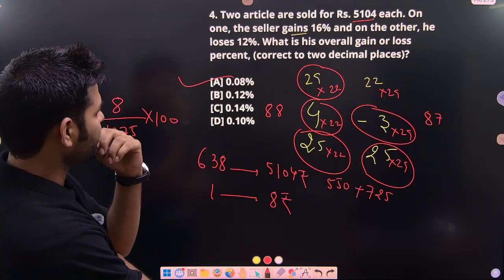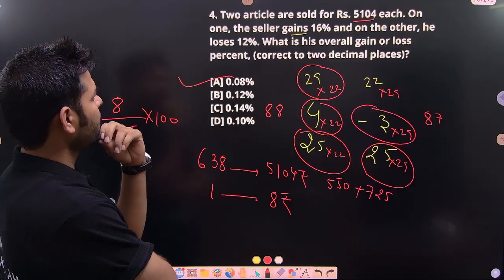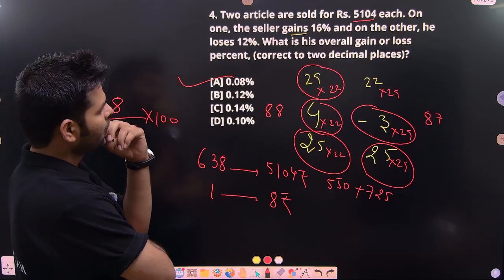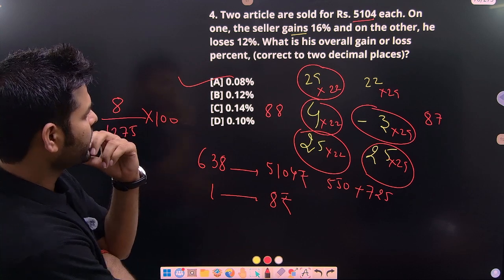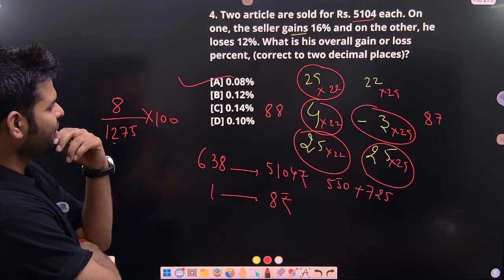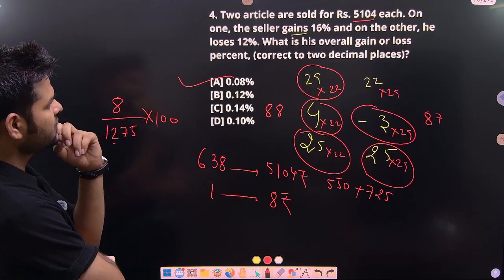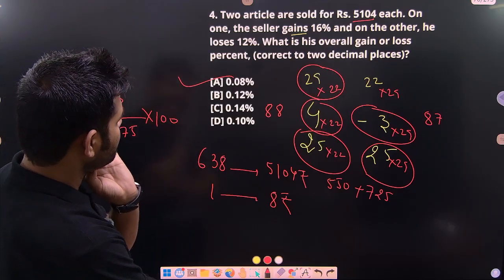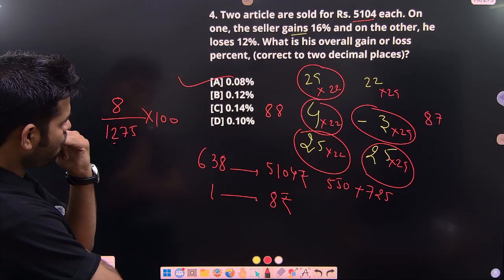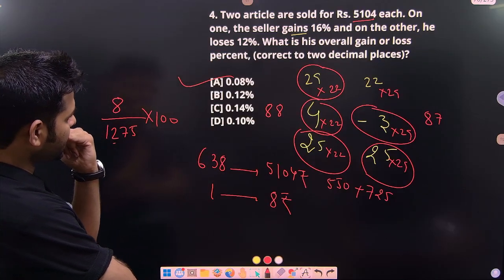So 16% means 4 by 25, that is 29. And on the other one, he lost 12%, 25 lost 3. If you multiply 22 by 29, basically 1 unit loss. So basically 1 unit is going to represent 8 rupees.